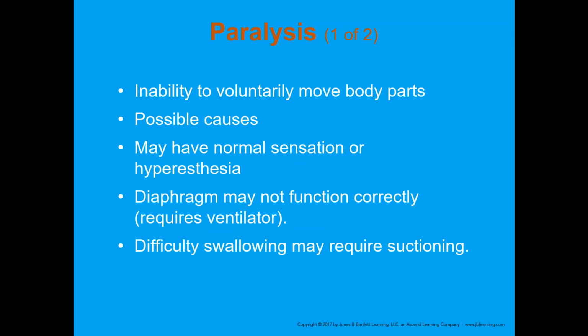So paralysis, we know by definition, is the inability to voluntarily move those body parts. Okay, if they're paralyzed, it's not moving. What can cause that? All kinds of things, between trauma, medical issues. Like I said, spina bifida is one.